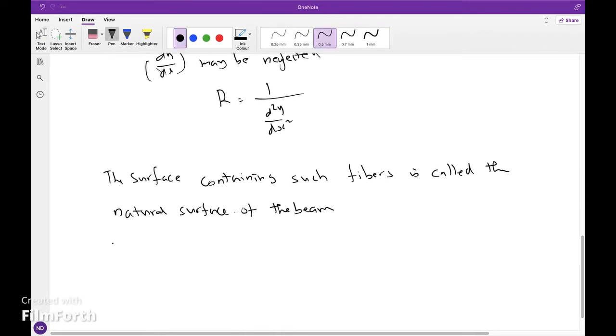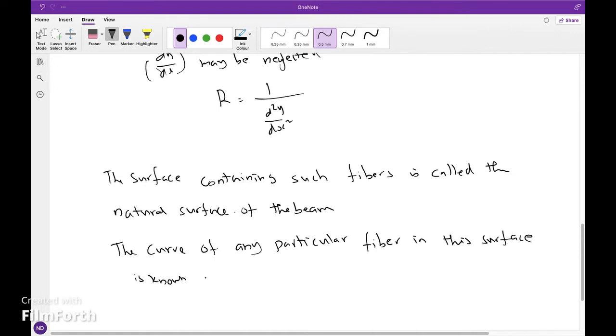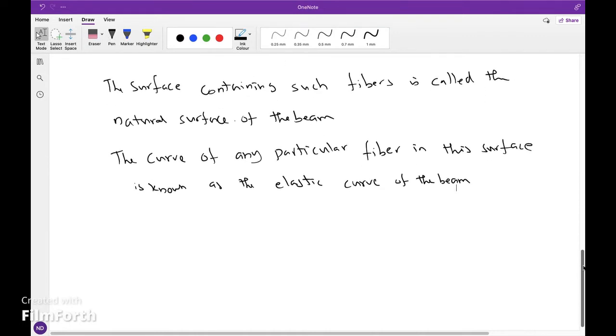The curve of any particular fiber in the surface is known as the elastic curve of the beam, or deflection curve.